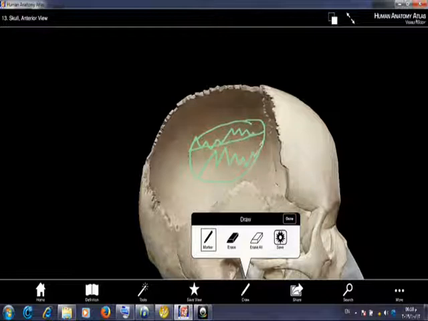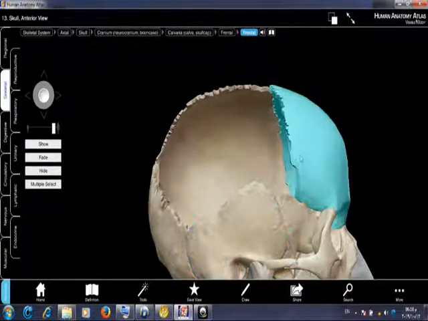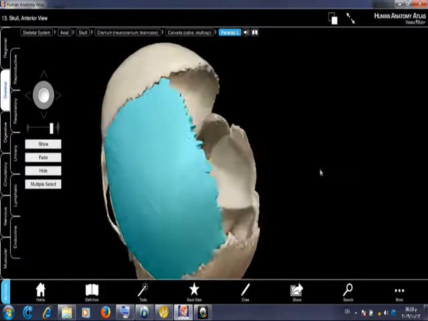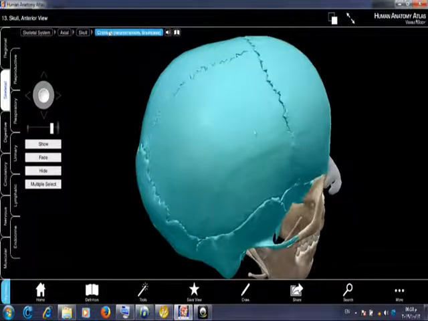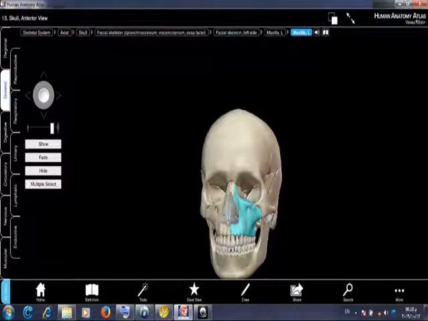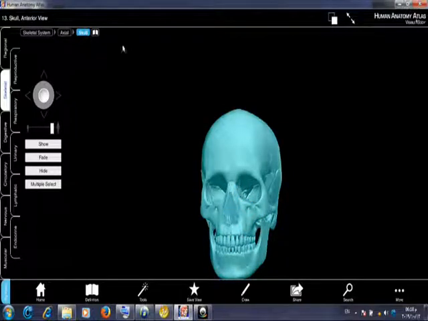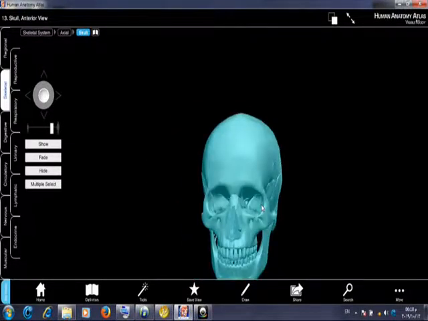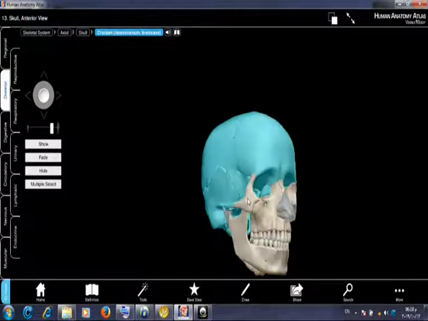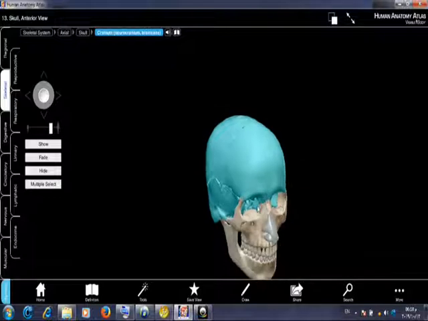These bones that surround the brain are called the cranium. This is the cranium. All of them are called cranium. But all bones that surround the cranium and also surround the face of the human body are called the skull. So all this is called the skull. But this that surrounds the brain is called the cranium. Okay.